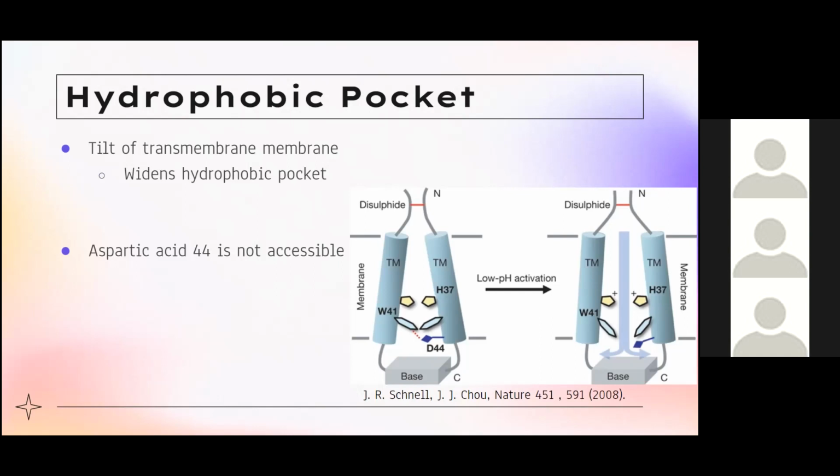So in this structure on this slide, on the left, we have high pH, and at high pH, the transmembrane helices are packed tightly, and the tryptophan gate is locked through intermolecular interactions with aspartate 44, which is what we were just talking about.